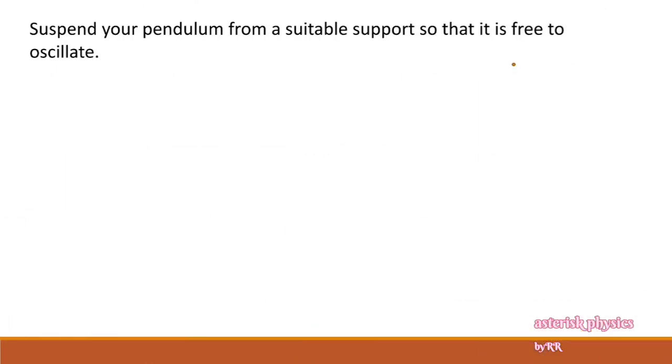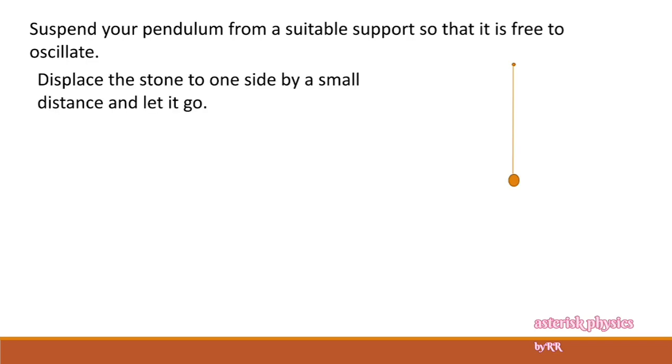So suspend your pendulum from a suitable support so that it is free to oscillate. Displace the stone or the bob to one side by a small distance and let it go. You can see that the bob starts a to and fro motion about its mean position.